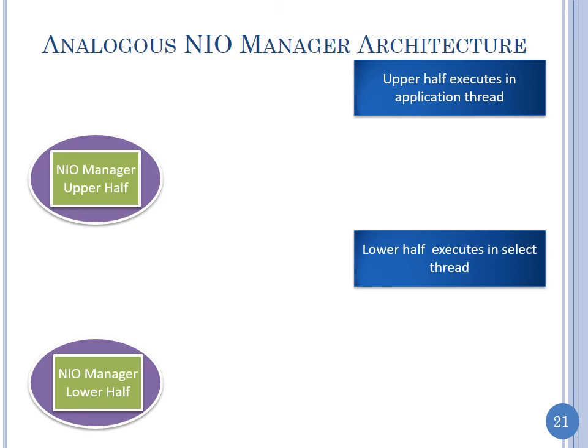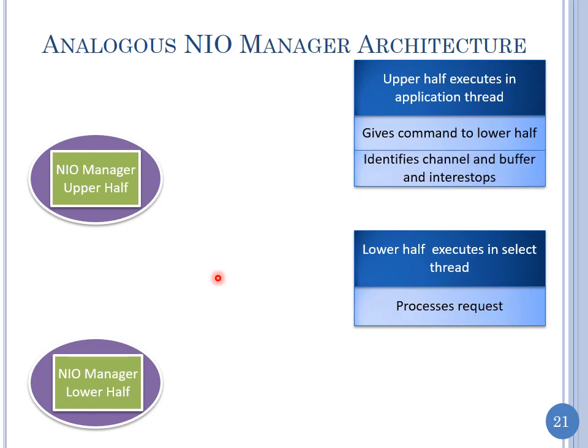So unlike the device driver case, we have a single thread executing in the lower half, and even in operating systems, we often have three layers where the lower half communicates with a centralized kernel thread, which communicates with the application thread. So this kernel thread corresponds to the select thread here. It gives commands to lower halves, and this processes the requests.